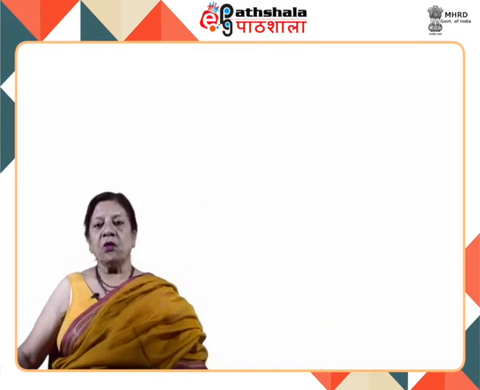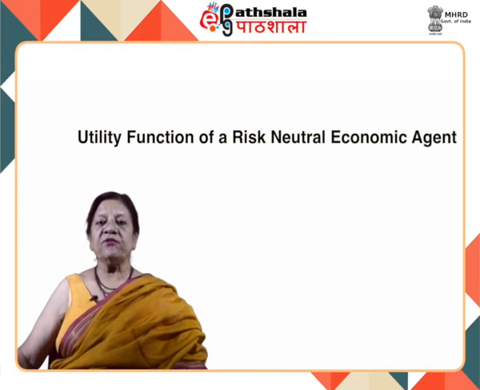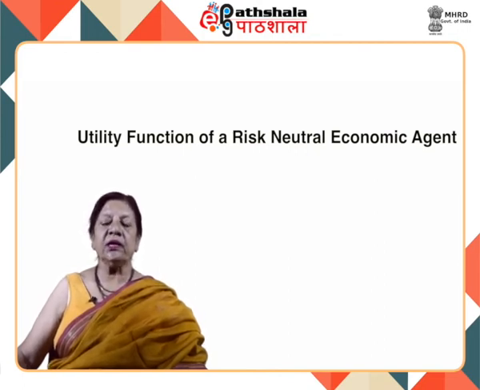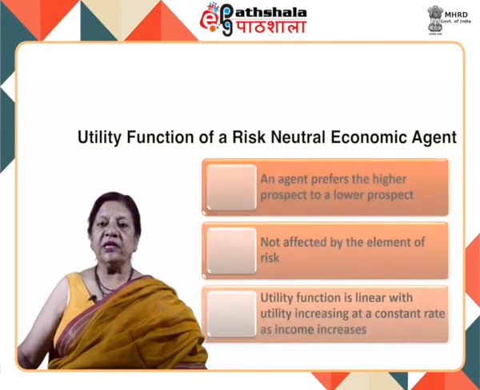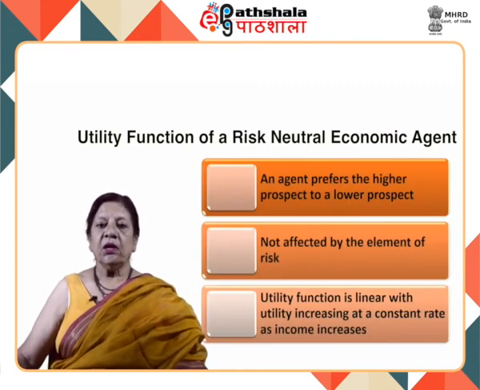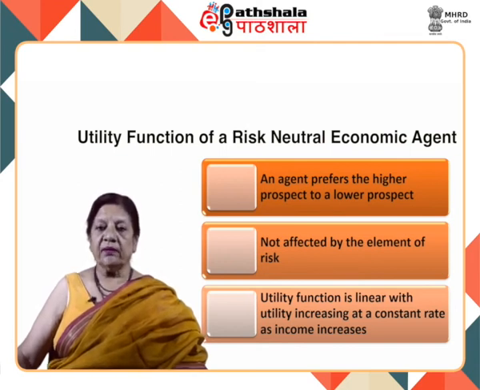Let us now move on to the utility function of a risk neutral economic agent. Now, consider a risk neutral economic agent. Such an agent prefers the higher prospect to a lower prospect and is not affected by the element of risk.